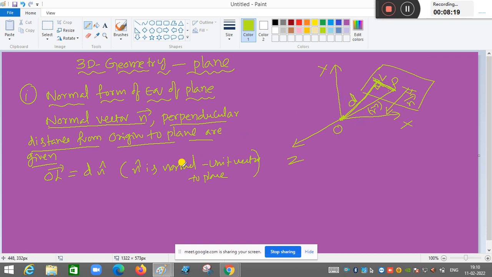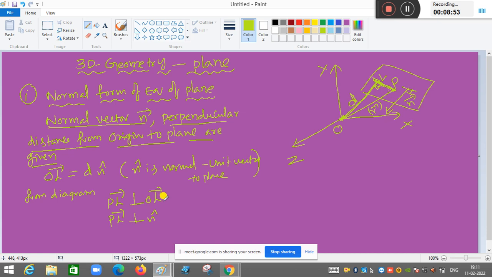From the diagram, PL bar is perpendicular to OL bar. Now I can write PL bar is also perpendicular to n cap.